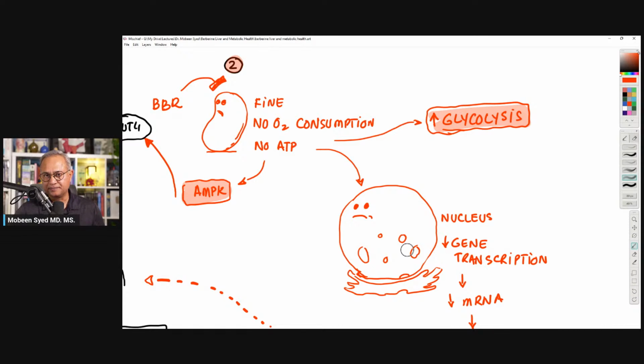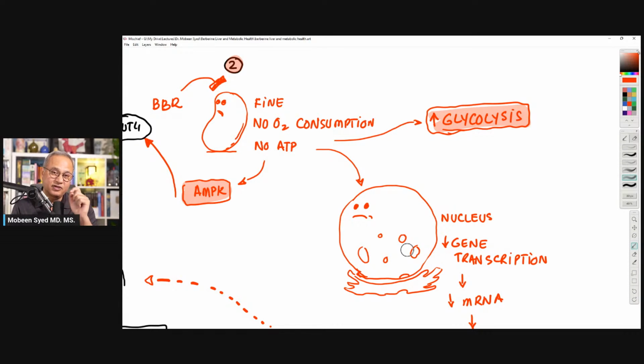So first function, with this indirect behavior and causing upregulation of glycolysis, berberine promotes the uptake of glucose from the environment into the cell. Guess what will happen? Not only will the cell get more energy, but outside the cell, the glucose levels will reduce. So hyperglycemia will start reducing because glucose uptake is improved.